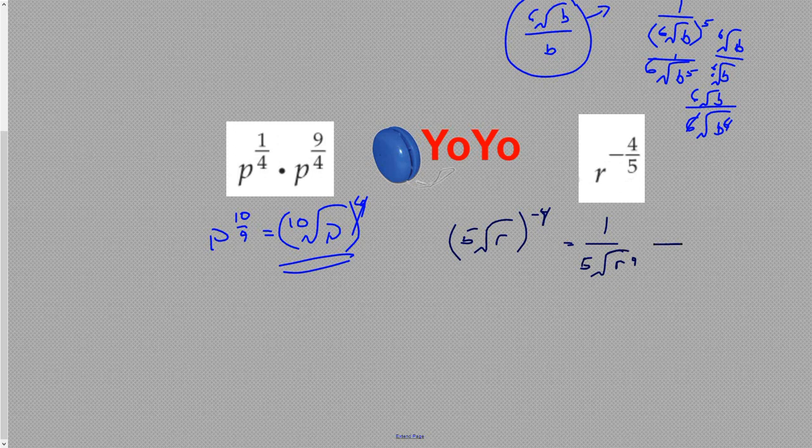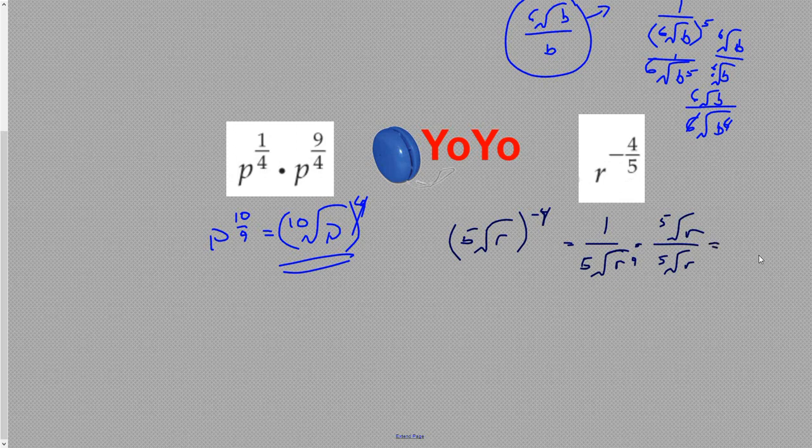So to rationalize it, I'm going to multiply by the 5th root of r, 5th root of r. The reason I'm doing 5th root is because to combine these radicals, I have to have a common like term, so they have to have the same index. And the reason I'm using an r is I'm trying to make this exponent on the r get to 5 so I can take the 5th root of r to the 5th. I have 4 r's, I only need one more, so I'm going to multiply by the 5th root of r.